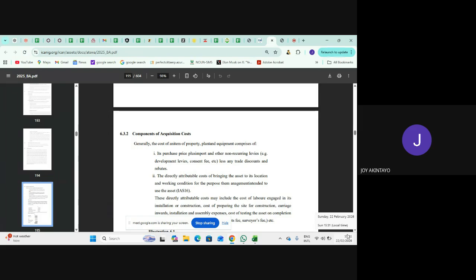If the asset is not being purchased here in Nigeria, but is from another country, we incorporate import cost and other non-recurring levy. That is, those levies we know that in one way or the other we can't get back. Once we pay them to the government, they cannot be called back.